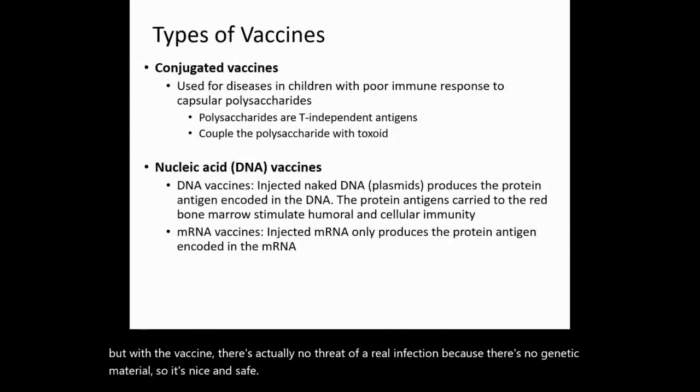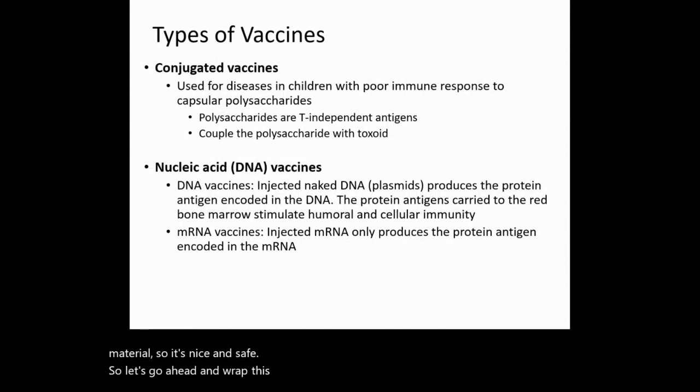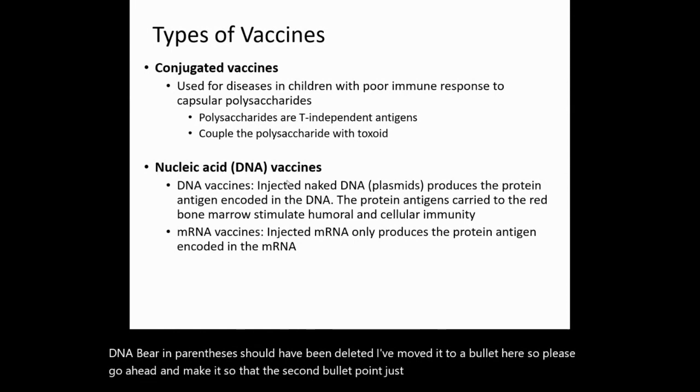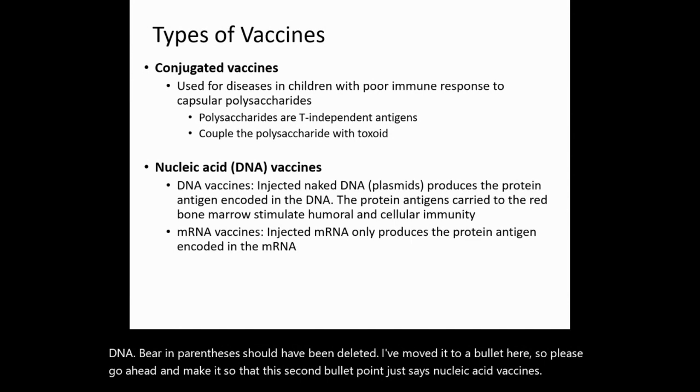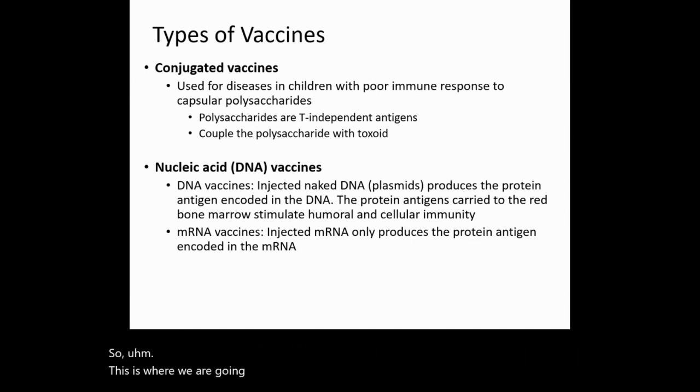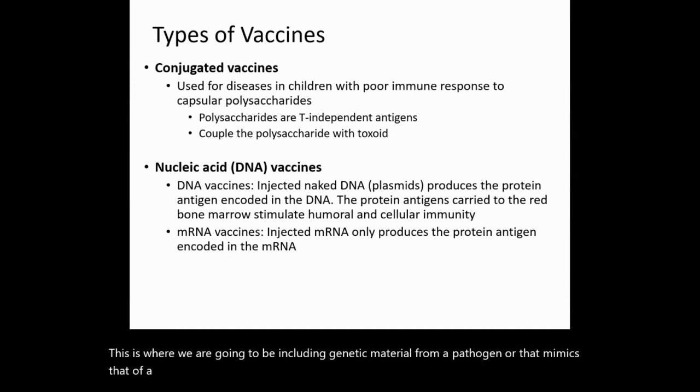Okay, so let's go ahead and wrap this up with a talk on nucleic acid vaccines. I apologize, that DNA there in parentheses should have been deleted. I moved it to a bullet here. So please go ahead and make it so that this second bullet point just says nucleic acid vaccines. This is where we are going to be including genetic material from a pathogen, or that mimics that of a pathogen, into the vaccine.